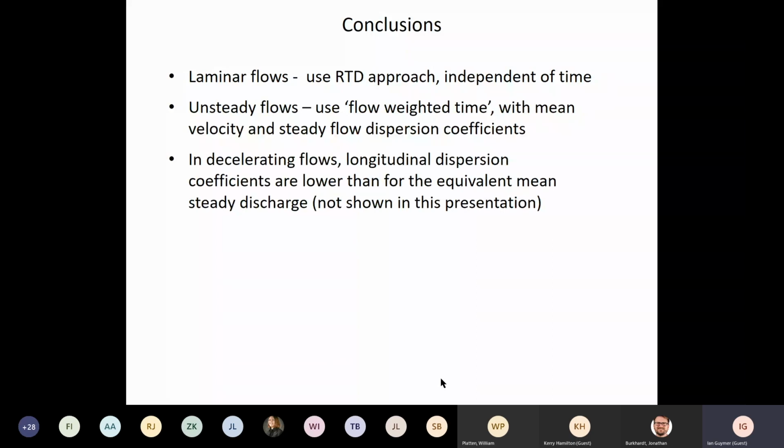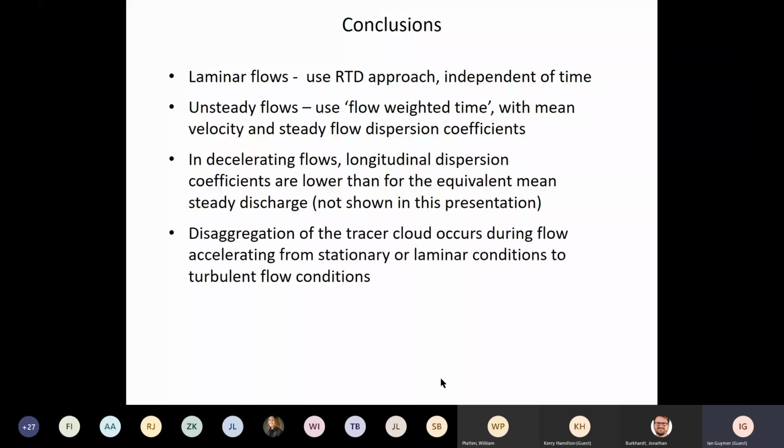I haven't shown this point here, that again ran out of slides really, but in decelerating flows, the longitudinal dispersion coefficients are slightly lower than the equivalent steady state ones. But the big novelty, interesting thing, is that we saw this disaggregation of the tracer cloud when we accelerated the flow either from stationary or from laminar conditions into turbulent flow conditions. And that's what we need to look at further.